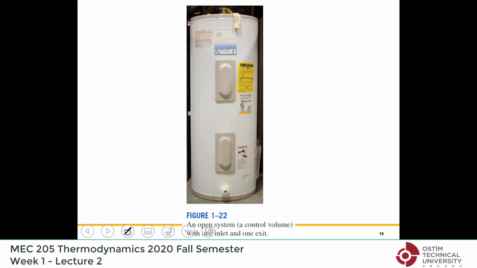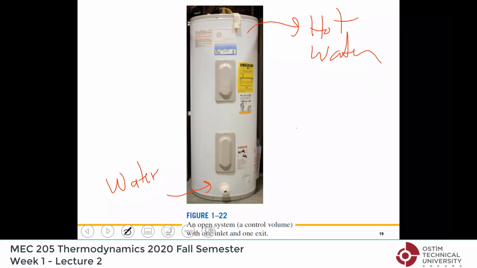Well, what happens in a water heater? Do we have water entering? Cold water entering, and then hot water leaving, right? And what do we analyze? What goes on in this water heater? So what is a proper choice for the system?